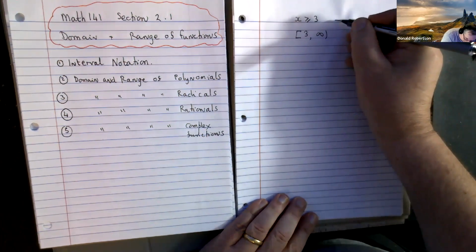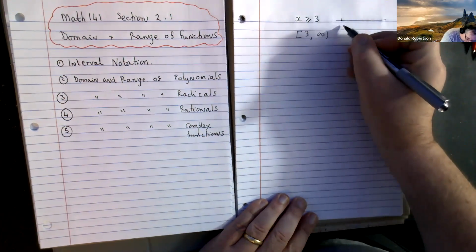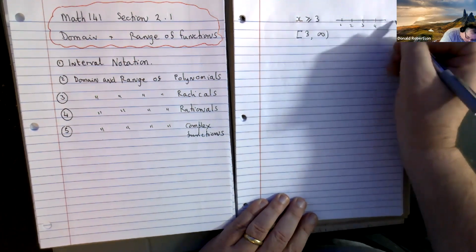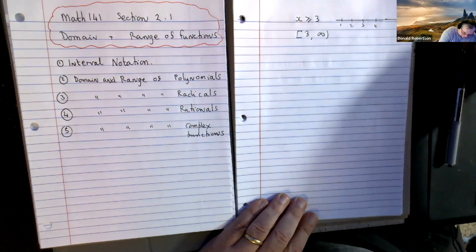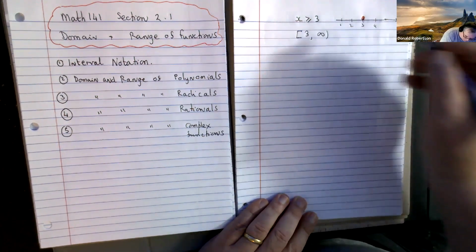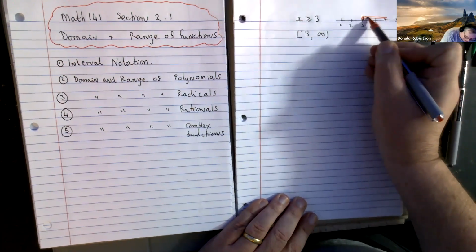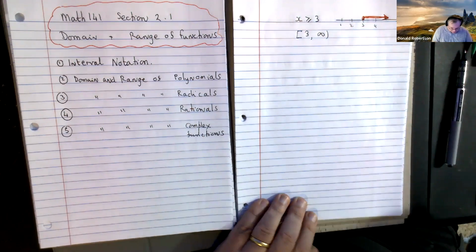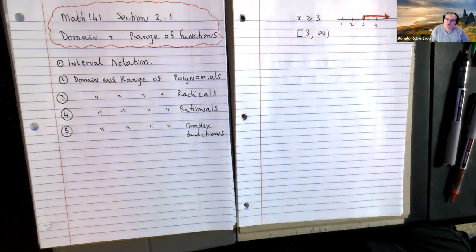If you want to imagine a number line, there's 1, there's 2, there's 3, there's 4. What you're really saying is that as long as x is 3 or anything bigger than 3, you can indicate it with a kind of arrow like that.